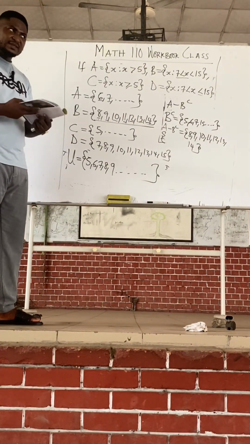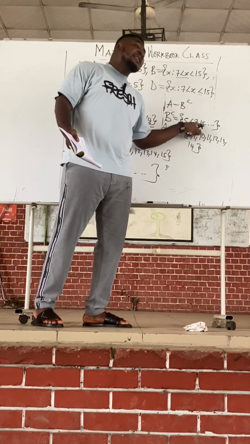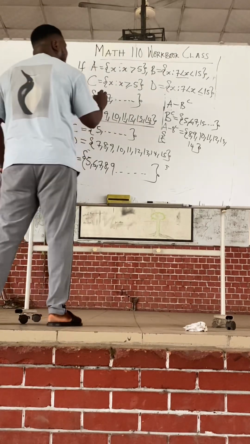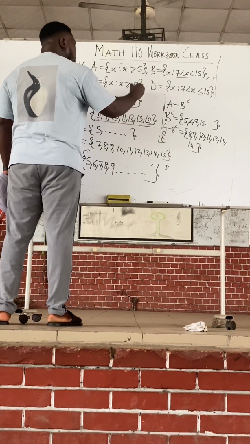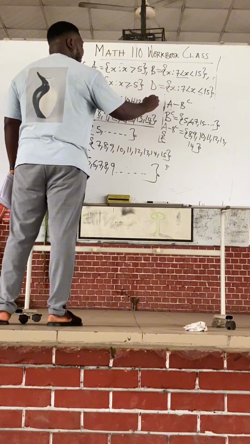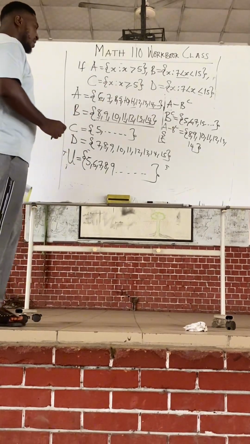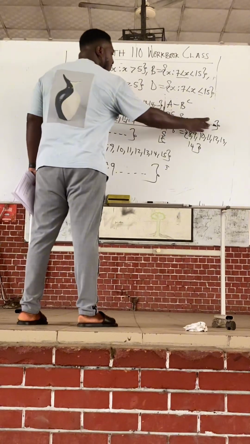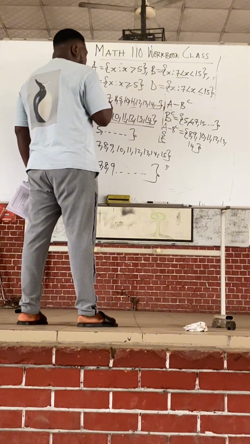I hope you get it. Class, B complement is 5, 6, 7, 15 till infinity. But A is 6, 7, 8, 9, 10, 11, 12, 13, 14 till infinity. I want to show you something. Remember that this A, we're removing B complement from. So who are you removing from A now?